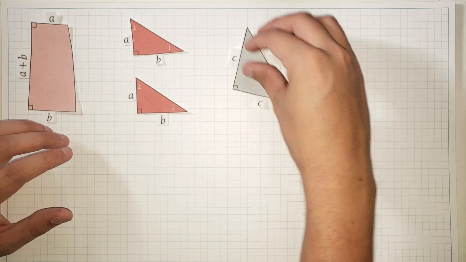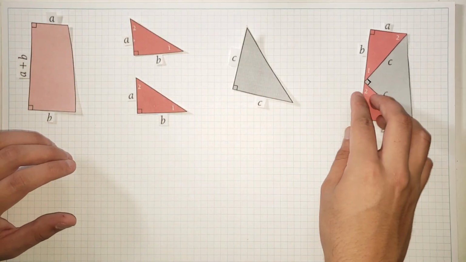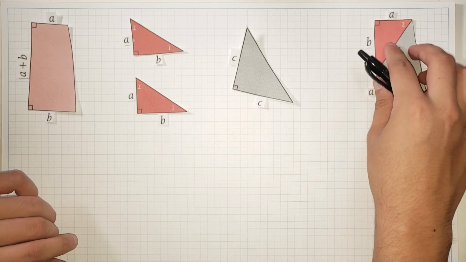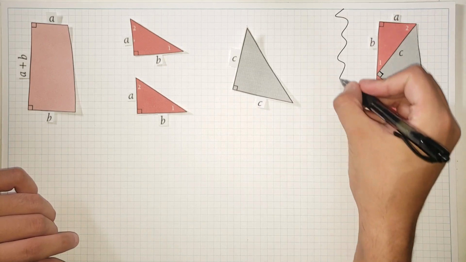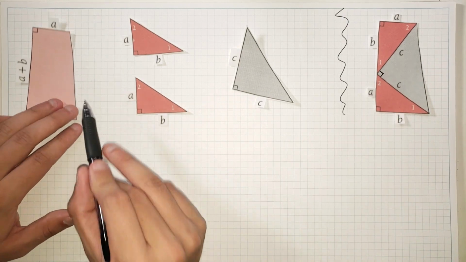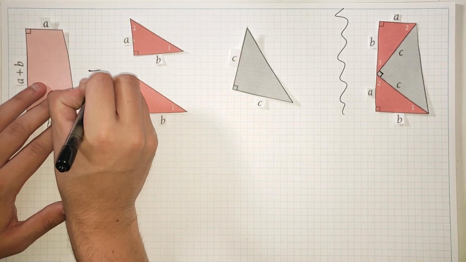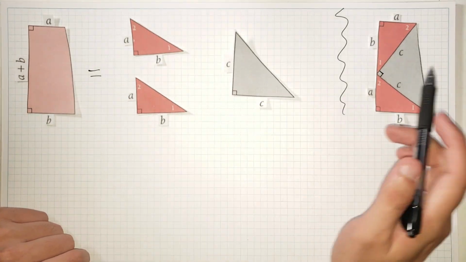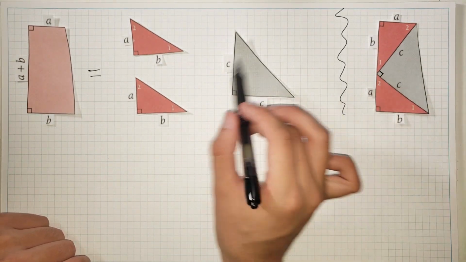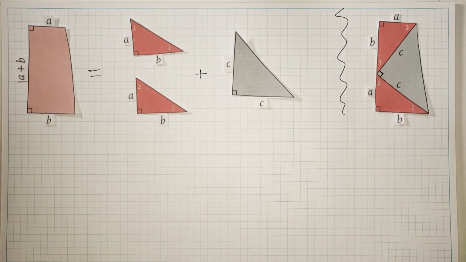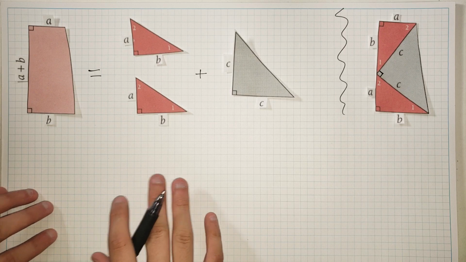We know from this picture that this trapezoid is equal to these 2 plus this one. It's equal to 2 of the red ones plus a gray one.